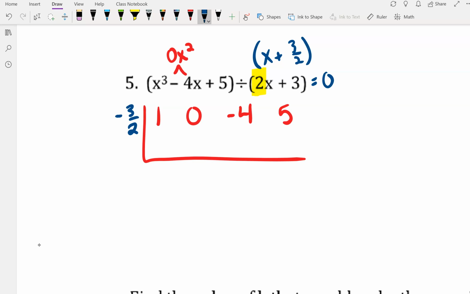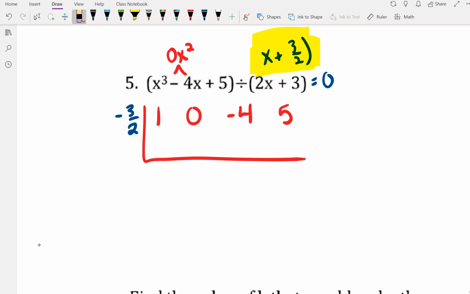So if I just do this and I treat it like normal, I divide it with the negative 3 halves out front, my answer is going to be incorrect because this algorithm is assuming that this was my divisor. So instead, in the end, I need to tell it that there was actually a leading coefficient of 2, so I was actually dividing by 2 as well. So I need to divide everything by 2 in the end as well.